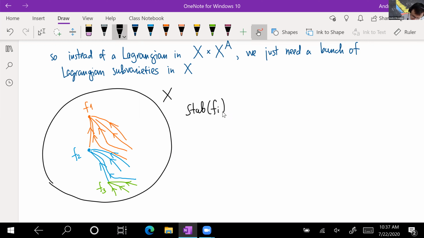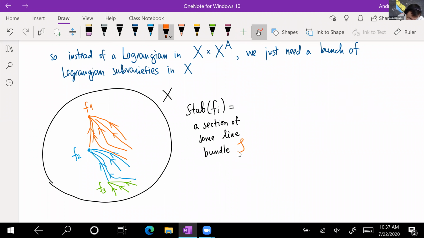That is to say, it should be a section of some line bundle. Since it's the stable envelope, let's call that line bundle curly S.